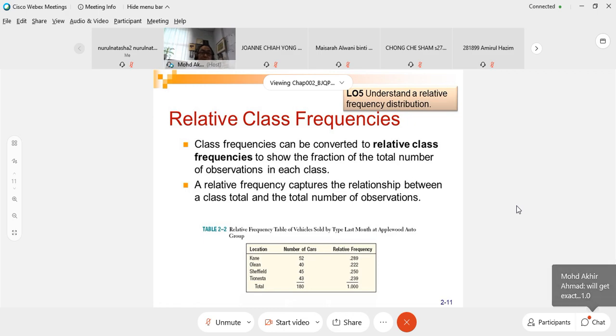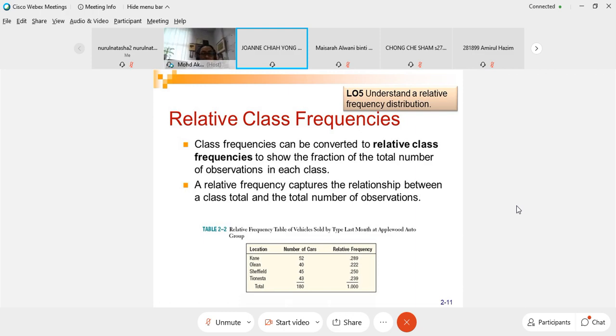Okay, relative frequency we will always get 1.0 only, because it is based on 100%. If we get less or more, that means our calculation is wrong. Any questions? John, any questions? None. Okay. We move to the next slide.